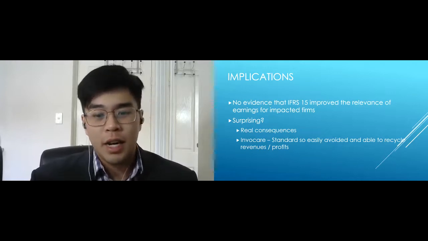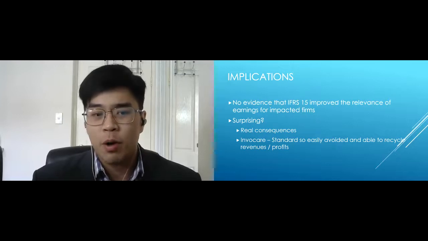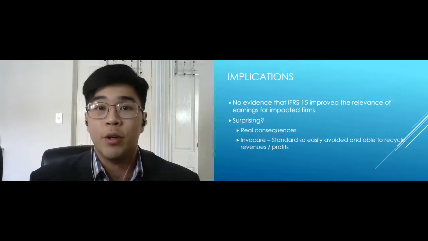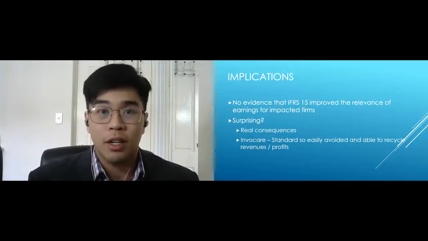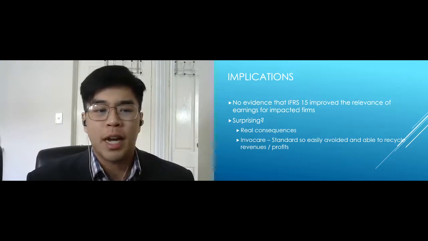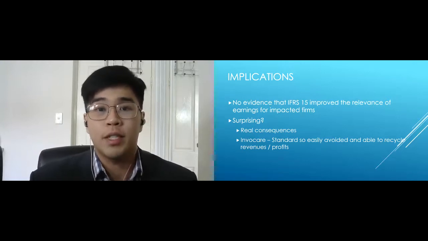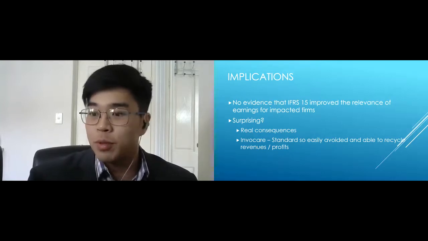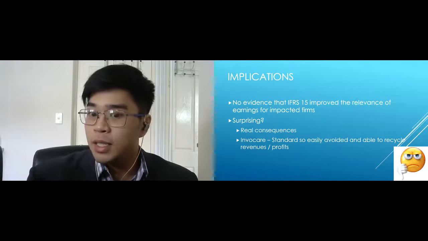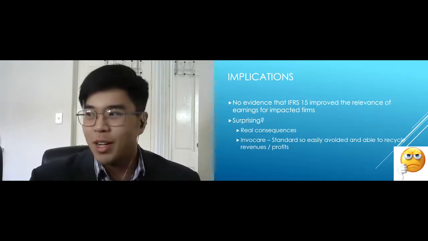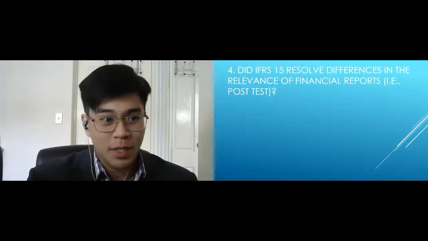Essentially, under the new standard, they would now be recognizing revenue at the end of the contract. What this meant was that they would be able to recycle their revenues and profits for the next few years. Now, again, revenue that was previously recognized. And so, again, we wouldn't give it a pass for this test.